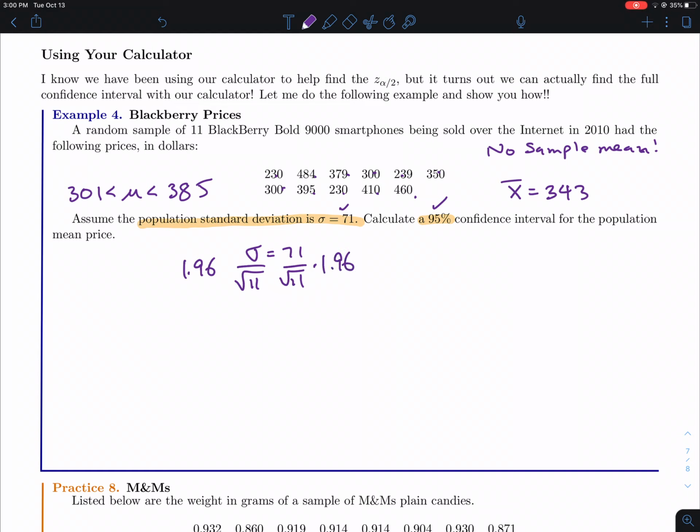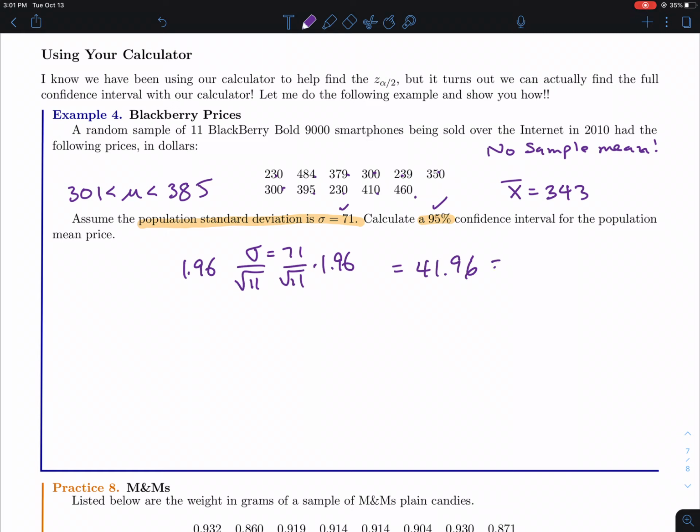So if I multiply 1.96 times 71, I'm doing this on my phone, equals 139.16, then divided by the square root of 11 gives us 41.96, something like that.